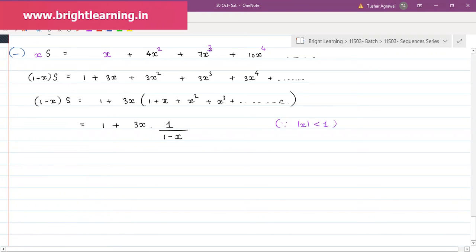This is the sum up to infinite terms. So 1 minus x times S is equal to, just multiplying, 1 plus 3x upon 1 minus x, so this turns out to be equal to 1 plus 2x upon 1 minus x.